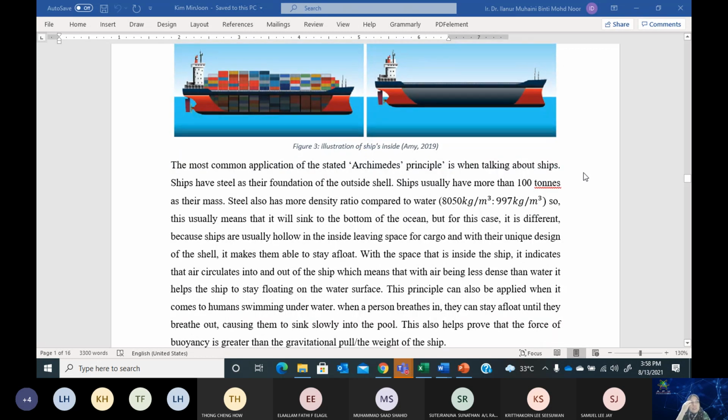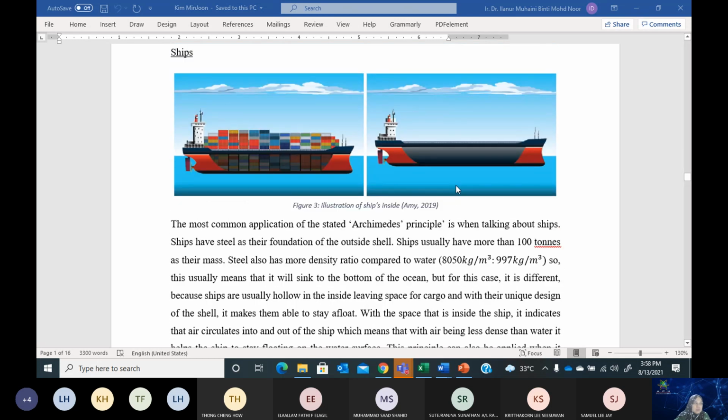Because of the density of the water, the sea. "Steel has more density ratio compared to water." Water only is wrong. This is sea water. Water only is a different value. Okay, but because this is a picture of the ship.